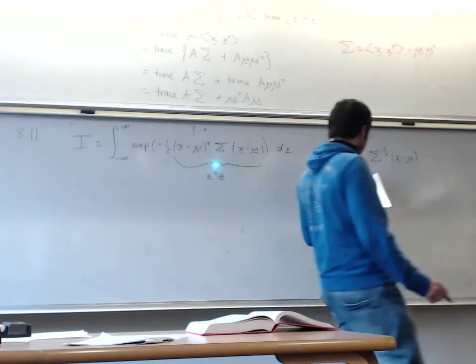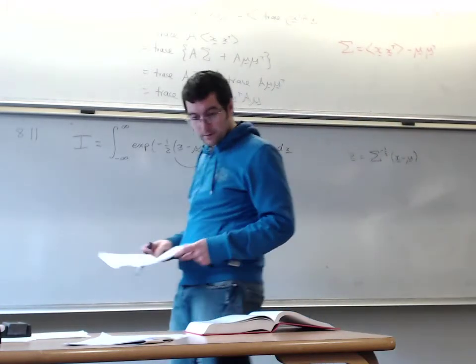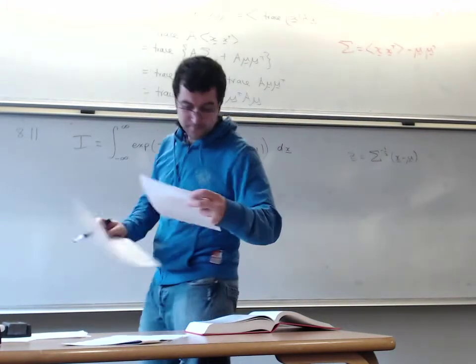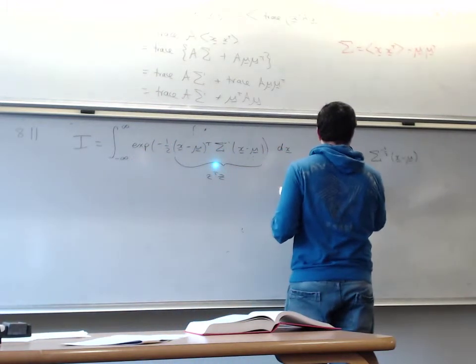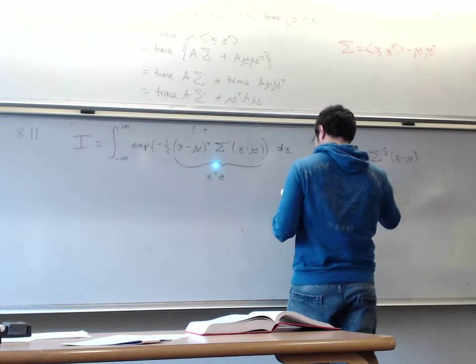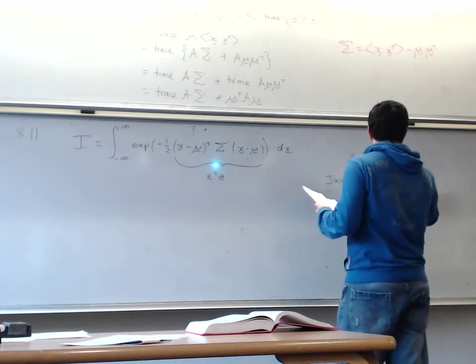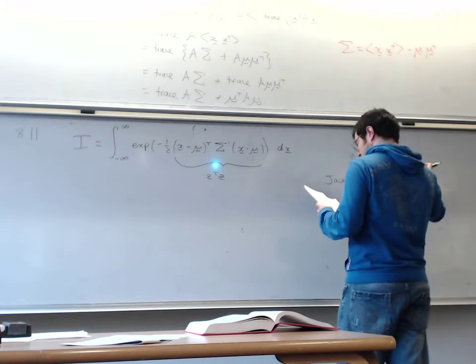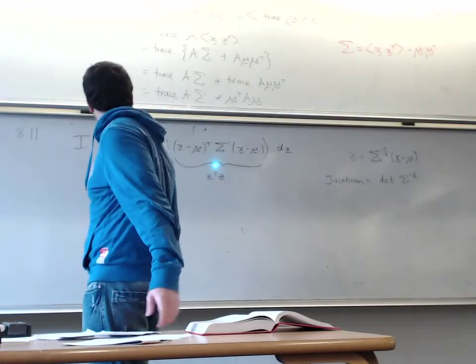And in order to do the transformation, we need to work out the Jacobian, and it turns out that the Jacobian is sigma to the minus a half. And so we just change the variable.